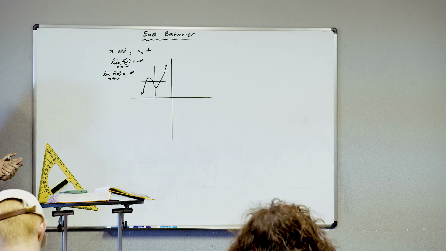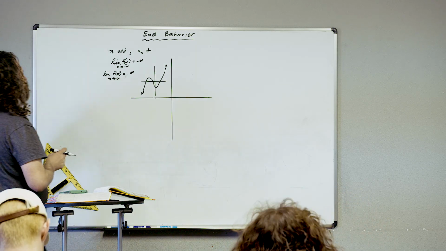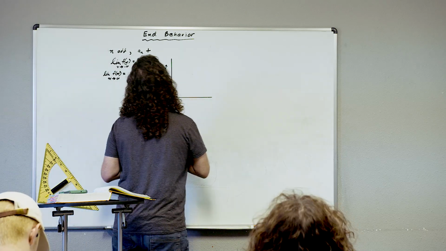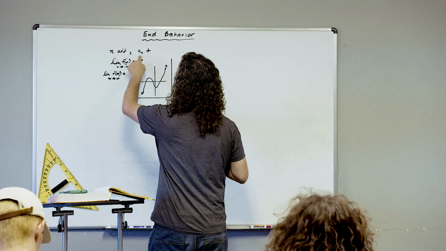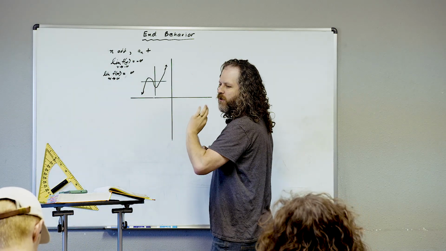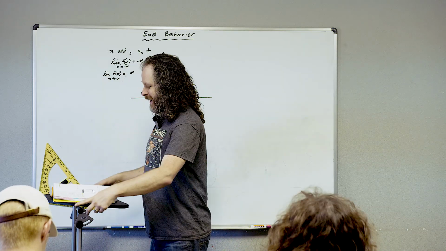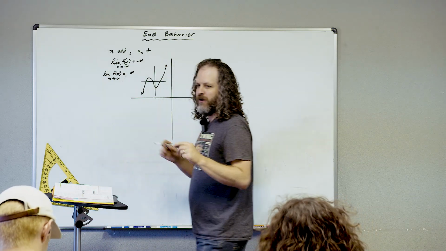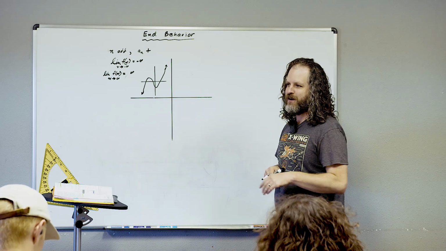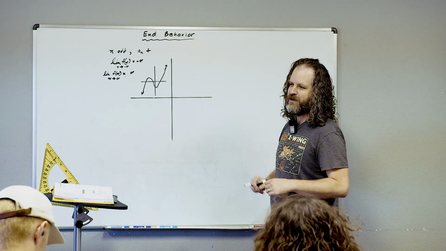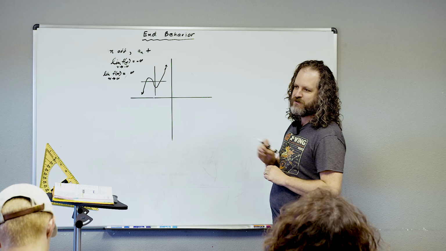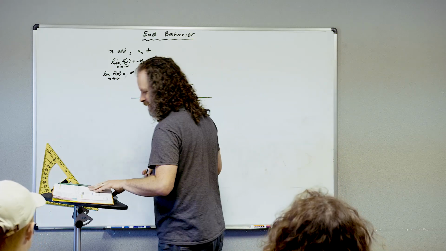Subscripts on variables are just a more descriptive variable. Like if I was making a formula for the green frogs and the brown frogs, I might do f sub g and f sub b, right?